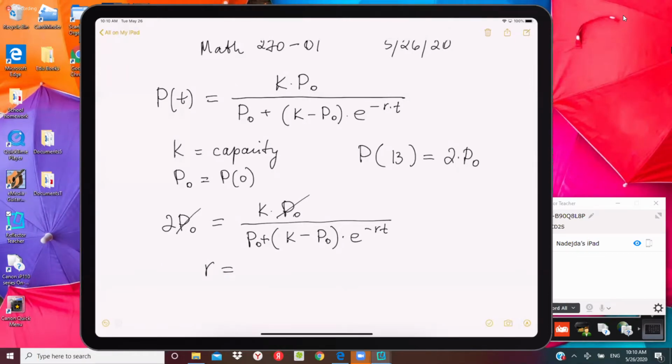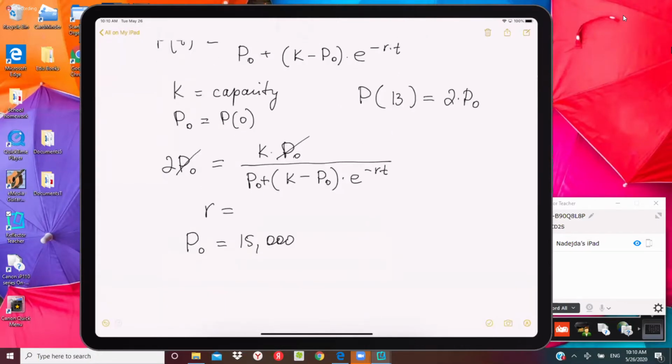So if P sub 0 is given as 15,000 members, that's a long number. I wouldn't do that. I would say 15 in thousands, and then I would use 15 for my computations.